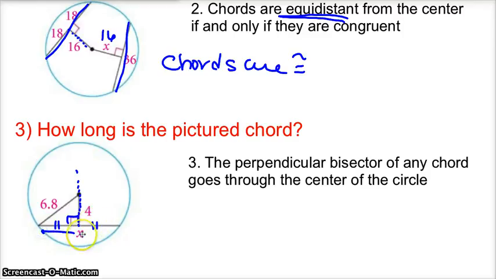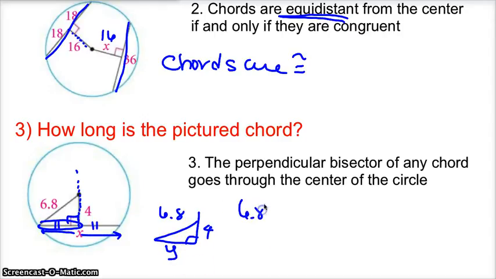The x that it gave you is the entire chord, but I could find half of it using the Pythagorean theorem. If this is 4 and this is 6.8, I'm going to go ahead and call this y. I don't want to call it x. So I could do 6.8 squared plus 4 squared equals y squared. When I did all the number crunching, I ended up with y equaling the square root of a crazy decimal.